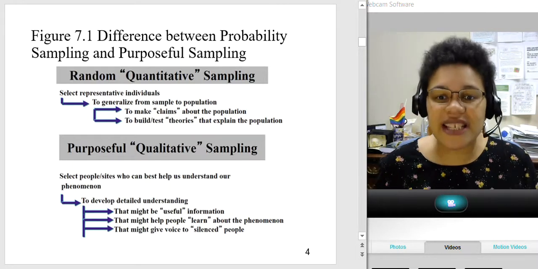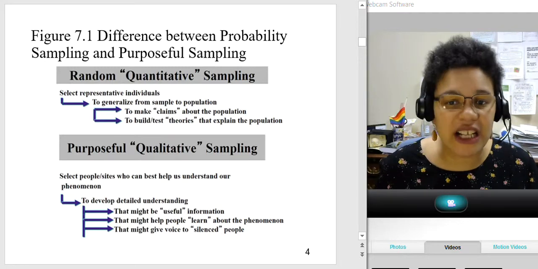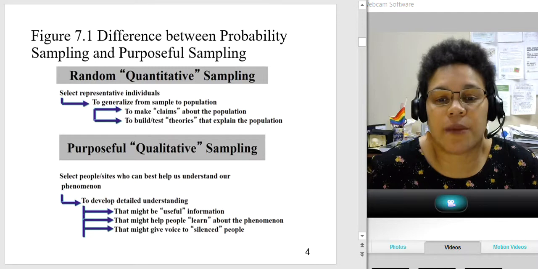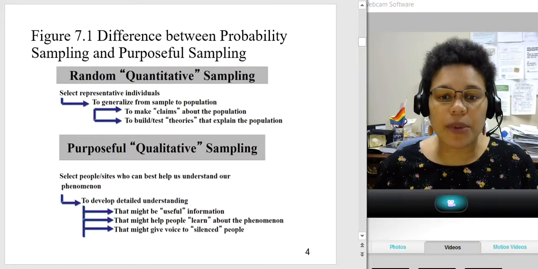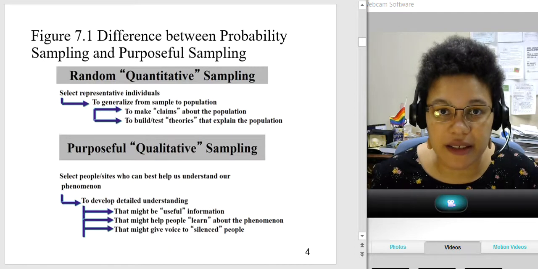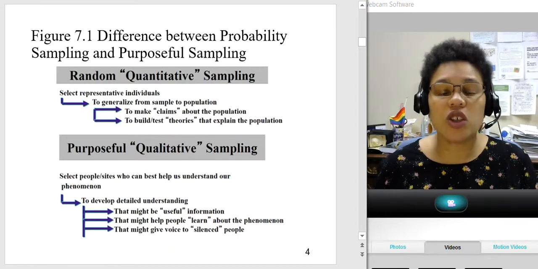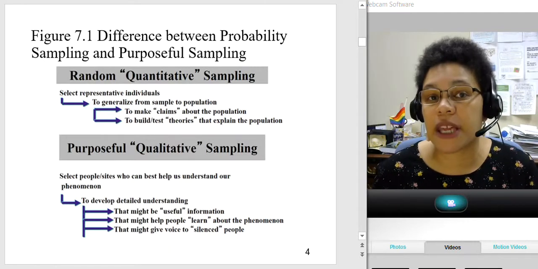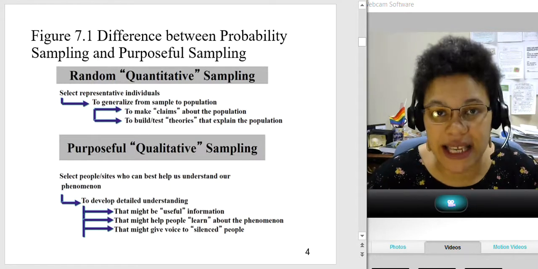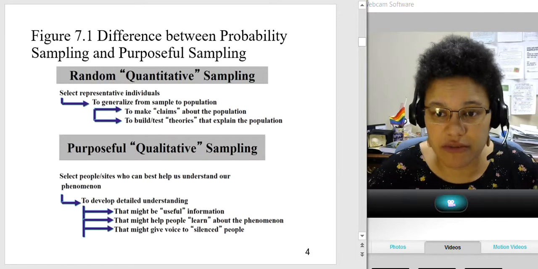Okay, we want to develop a detailed understanding, so they might have access to useful information. We want to help people learn about a particular phenomenon. Okay, and we also may want to give voice to people who haven't often been heard, who have been silenced in traditional research.